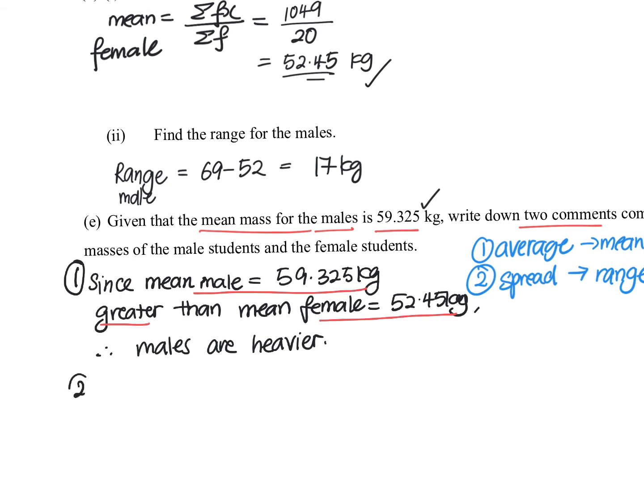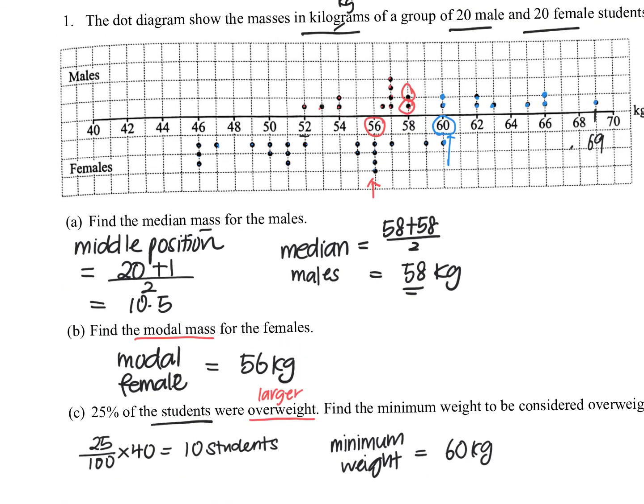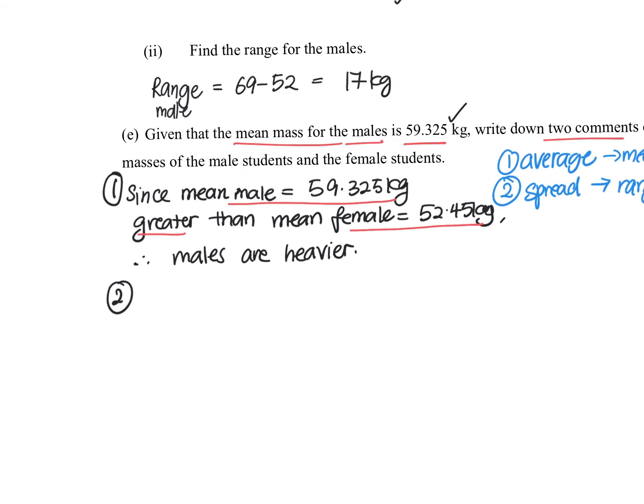The second comparison we'll be looking at is the range. I've calculated the range for male. Have I calculated the range for female? In that case, I need to calculate the range for female. My largest female data is 60, smallest is 46. The range for female is 60 minus 46, which is 14 kg.